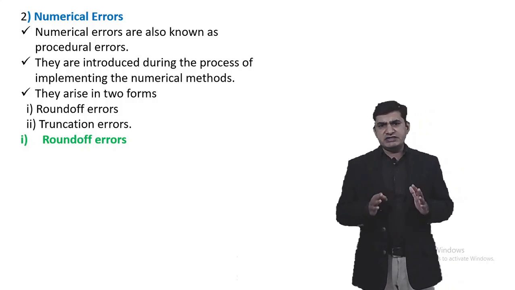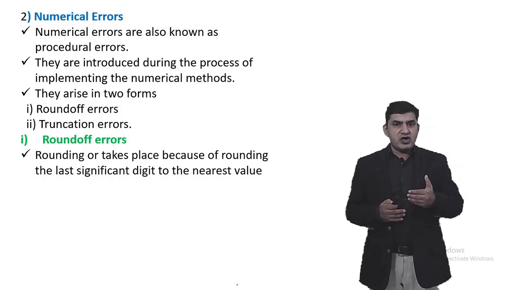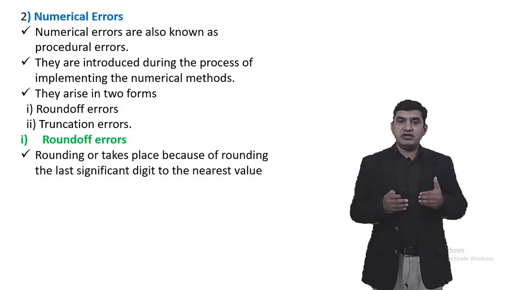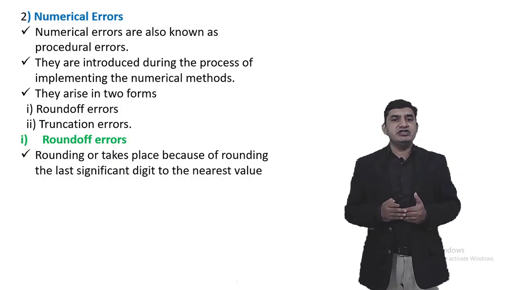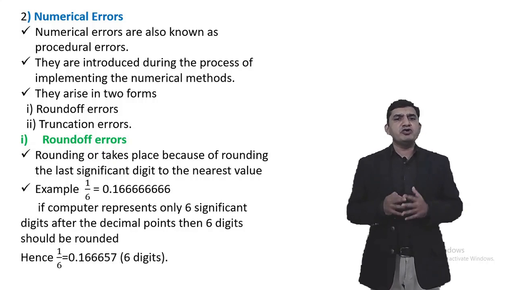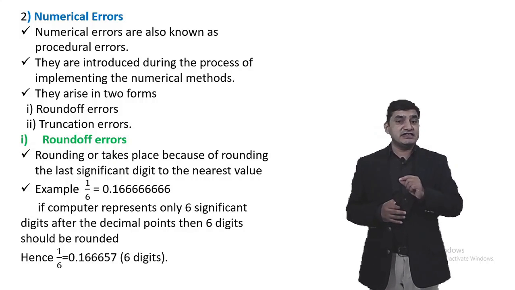Now we have to see what the round-off error is. Rounding takes place because of rounding the last significant digit to the nearest value. For example, 1 upon 6 is equal to 0.1666666.